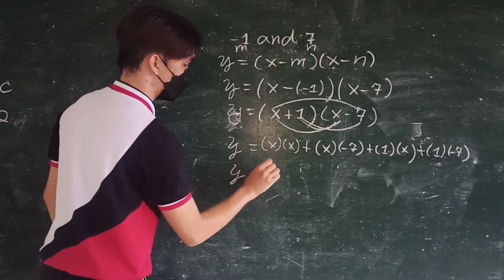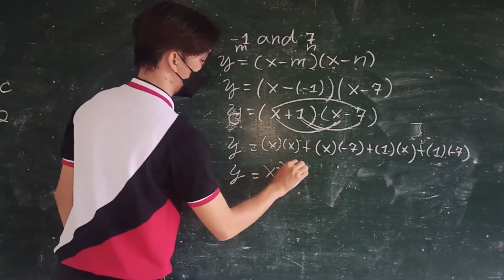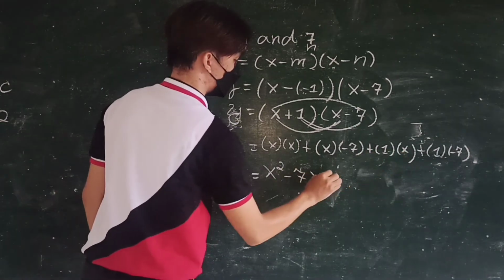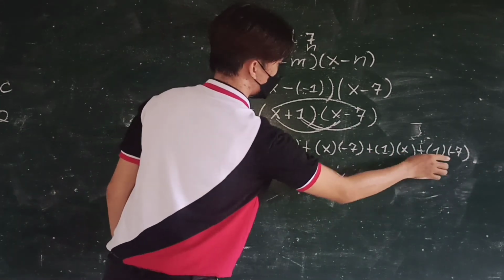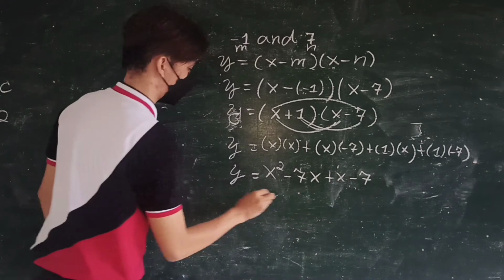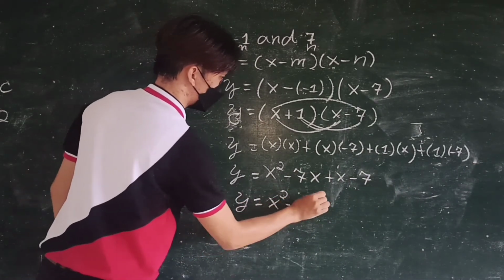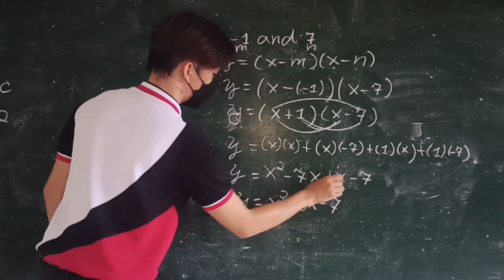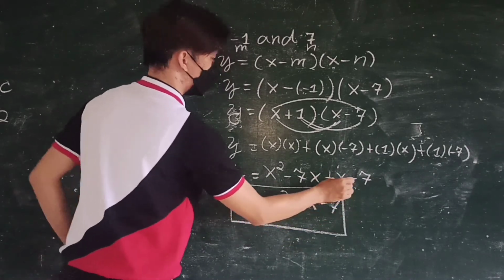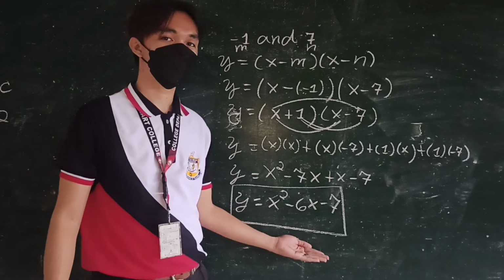Simplify. X times x is x squared. X times negative 7 is negative 7x. 1 times x is x, and 1 times negative 7 is negative 7. Y equals x squared. Negative 7 plus x is negative 6x minus 7. So this is now the equation.